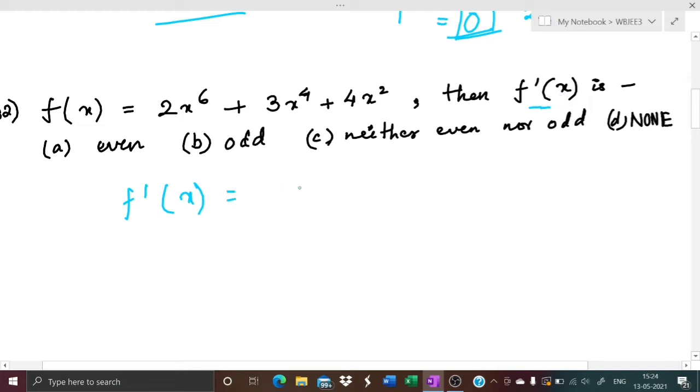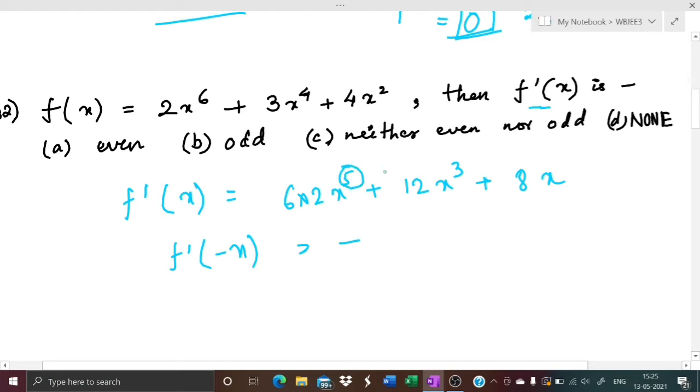Okay, so it would be 6 into 2 x to the power 5 plus 12 x to the power 3 plus 8x. So f dash of minus x would be minus, because all powers are odd, so minus will come out as common and it will be minus f dash of x.